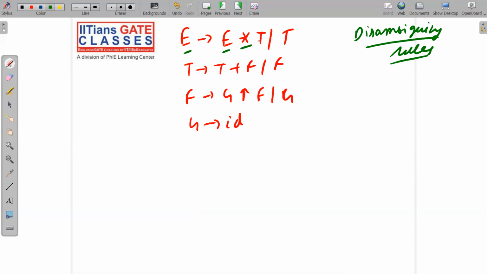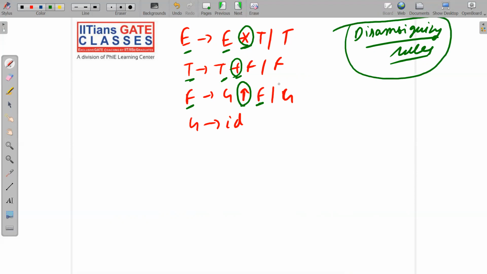Left recursion, so left associative. Plus is what? Left associative. Arrow is right associative because of right recursion. And who is having highest precedence? Arrow is having more precedence than plus, and plus is having more precedence than star. So lower the level, more is the precedence, and so on. I have already told you all these things. So if you are not able to follow, please watch my disambiguity rules lecture. You will get the clarity.